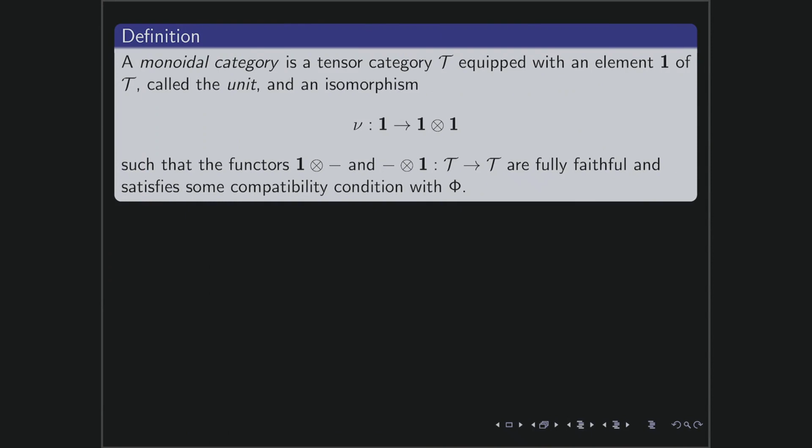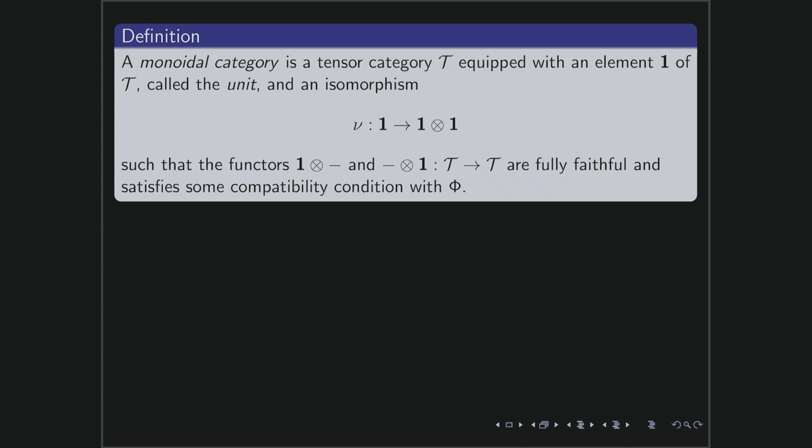So I want an object 1, which has the property that if I do 1 tensor some element, I can write it here actually, I have 1 tensor my element x should be naturally isomorphic to x. I want something like this.